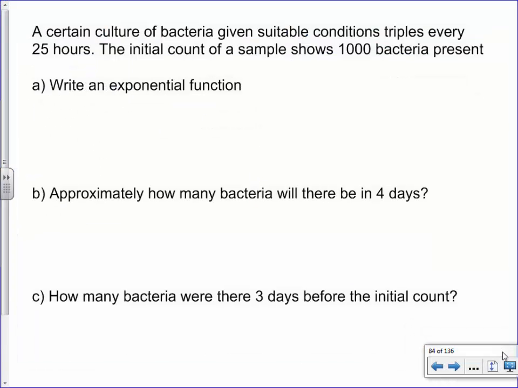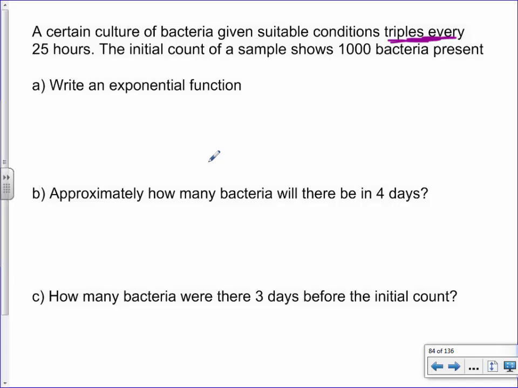Here's a biology overlap with exponential functions. Bacteria, fruit flies would even be another example. They usually multiply in an exponential manner. So imagine that bacteria triples every 25 hours.